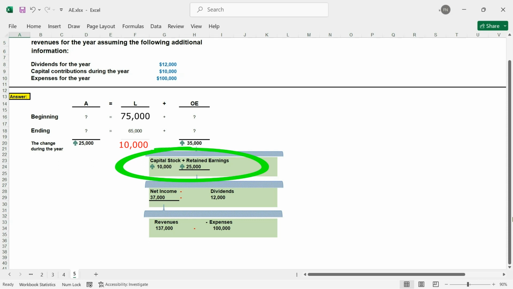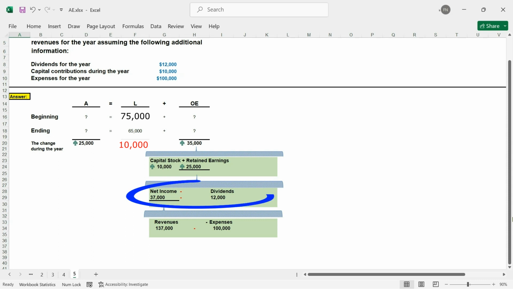Retained earnings must have gone up by 25. 25,000 plus 10 capital contributions equals a $35,000 increase. So the way owners provided resources to the business was by making additional capital contributions and by allowing earnings created that year to be retained in the business to the tune of $25,000.